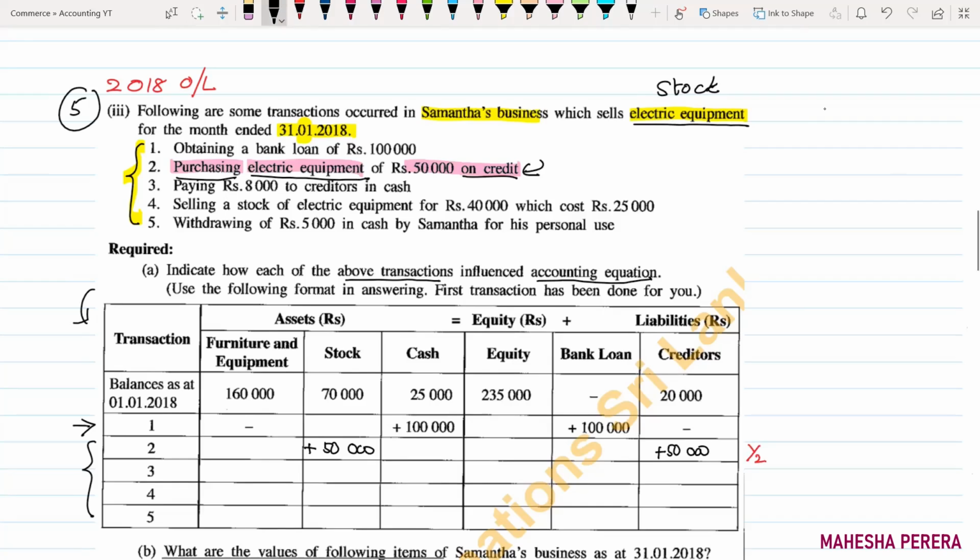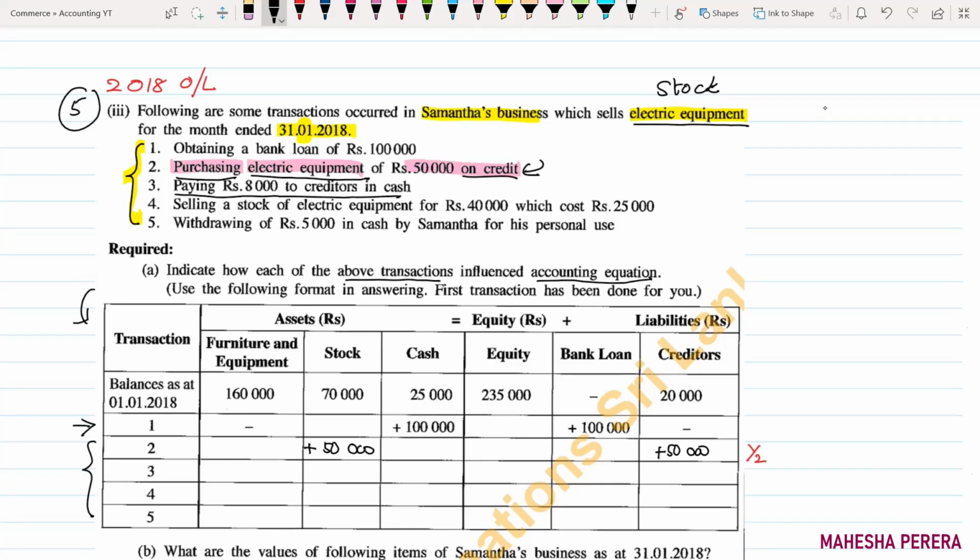And the next one, paying 8,000 rupees to creditors in cash. This is merely a cash payment to creditors. So the value of cash decreases, and also the value of creditors decreases. Very easy. By how much? By 8,000 rupees.